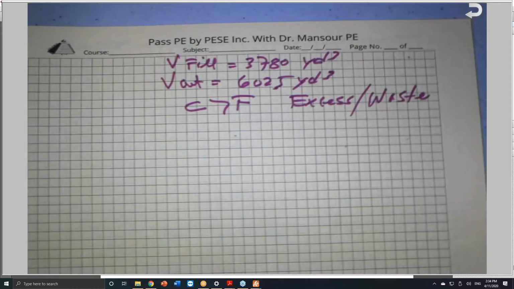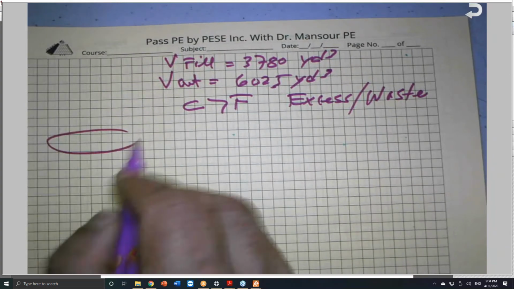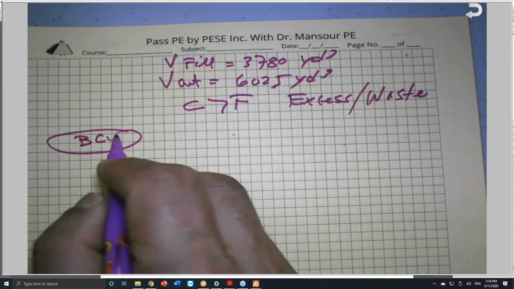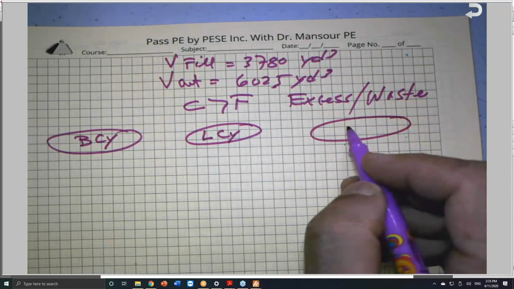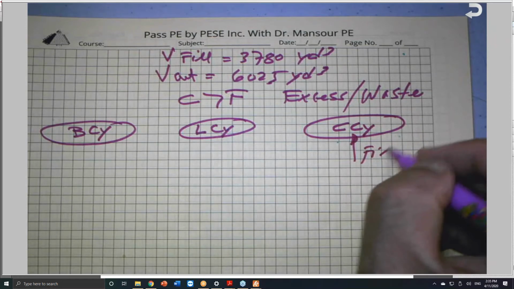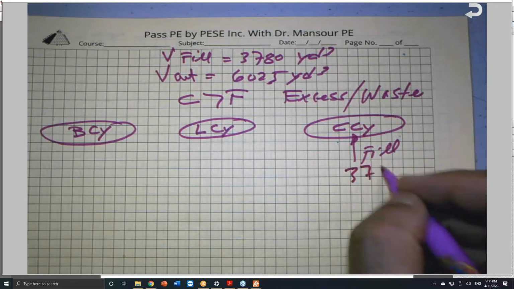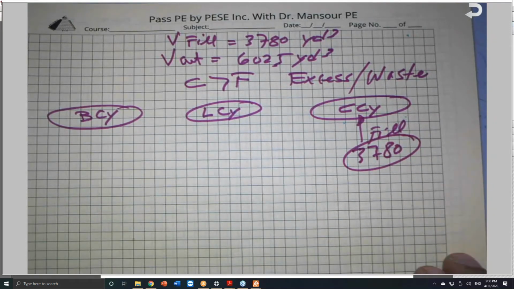But I cannot really take the difference directly like this, because I have here bank cubic yards, loose cubic yards, and this is the compacted cubic yards. This is the fill, which I know this volume here is 3780, because we put the volume of the fill after compaction, after it's done.